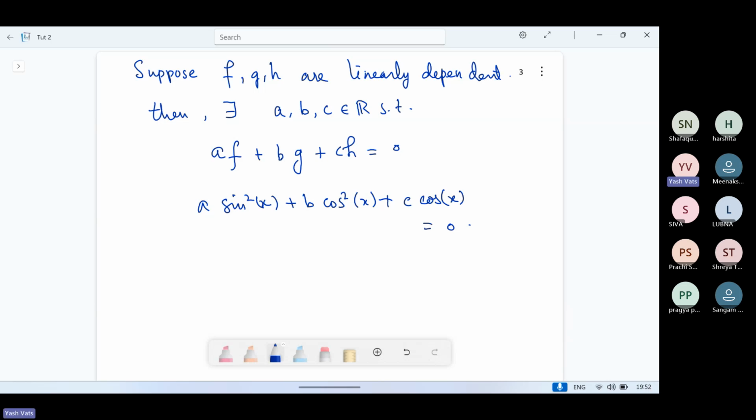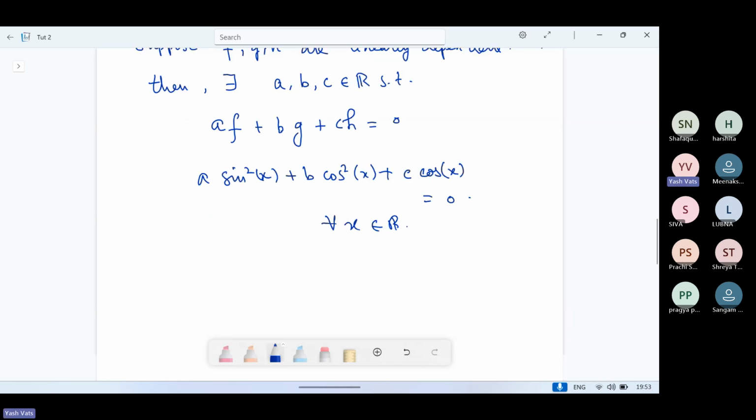Harshita, yes. Any other person? Differentiating with respect to x. Differentiating, okay, Meenakshi. Is that the only solution, or can you just substitute something? Because it happens for every x in R.